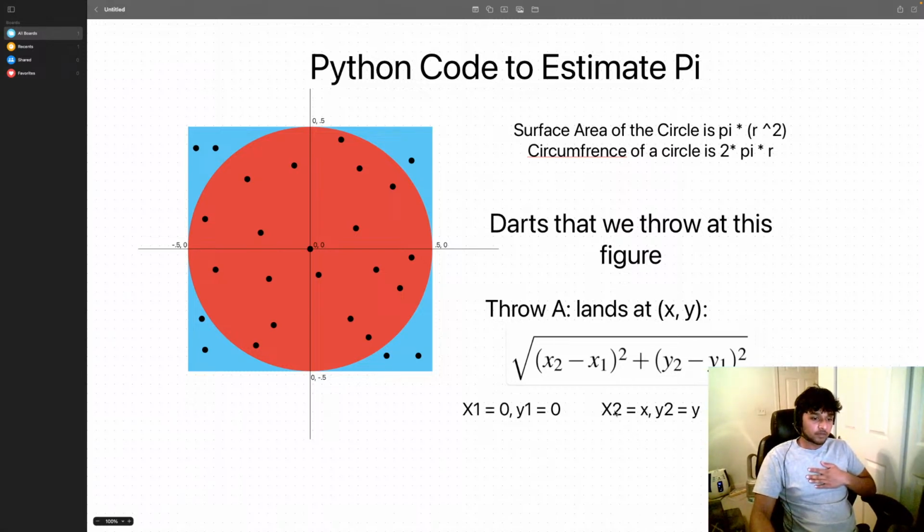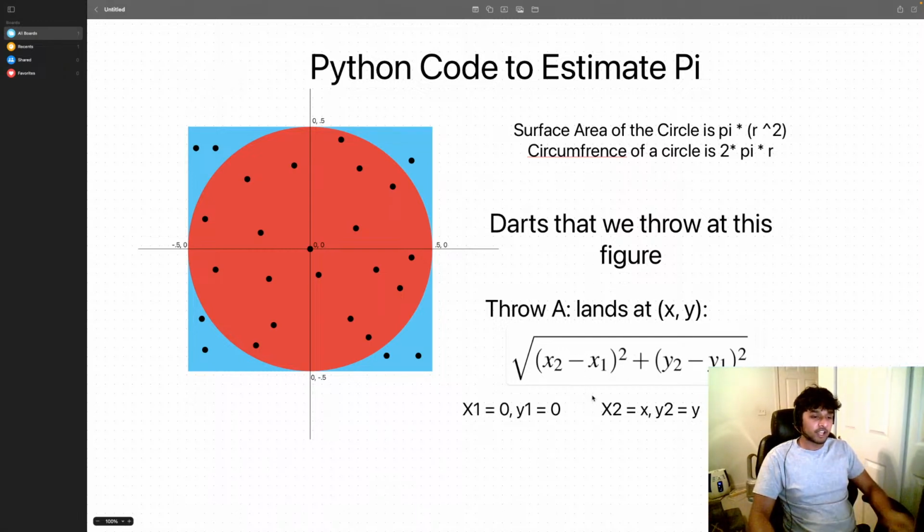So if we plug in x for x2 and 0 for x1, x minus 0 is just x, so x squared, plus y minus 0, that's just y squared. So x squared plus y squared.